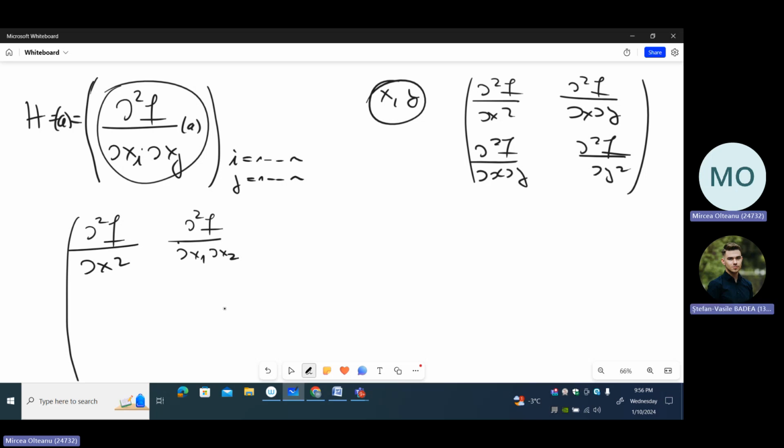So in this position, we have dx and dy. Exactly, x and y. Here we have the partial derivative with respect to x1, we are on the first row, and on the third column, so that means x and z.